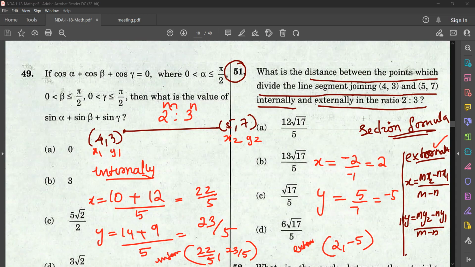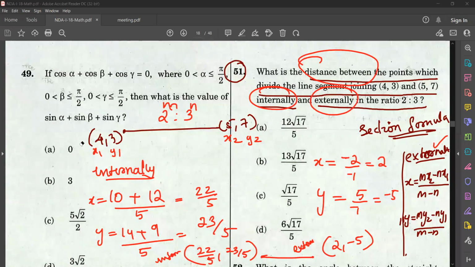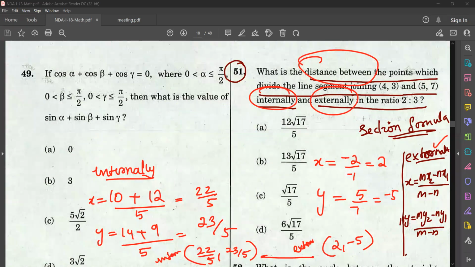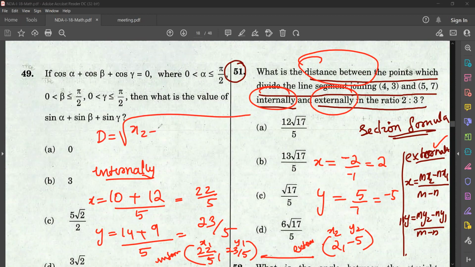Now what you need is the distance between the internal and external points, isn't it? So find the distance between these two points. For that you can use the distance formula. What is the distance formula? If I am taking these as x1, y1, x2, y2, to find the distance between these two points, d = root of (x2 minus x1) the whole square plus (y2 minus y1) the whole square.